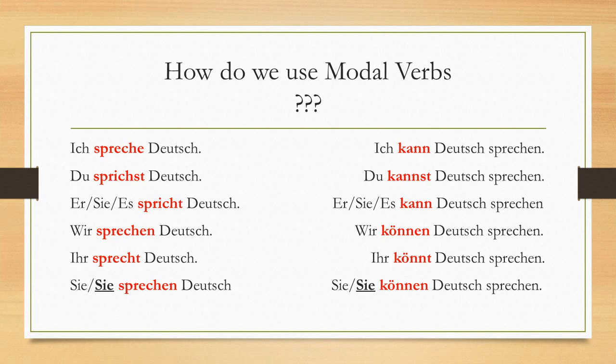I will also provide you with all these modal verbs and how they change in next slides. But here, as you see, we have used können, and I have changed können according to personal pronouns, to the subject. Ich kann, du kannst, sie/er/es kann, wir können, ihr könnt, sie können. Deutsch sprechen part will not change.